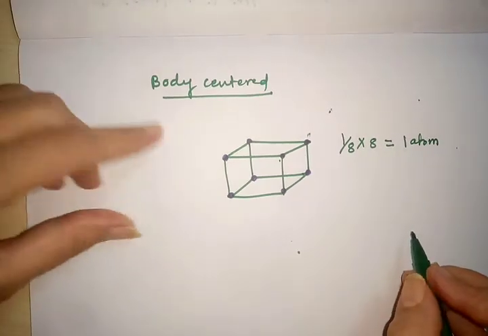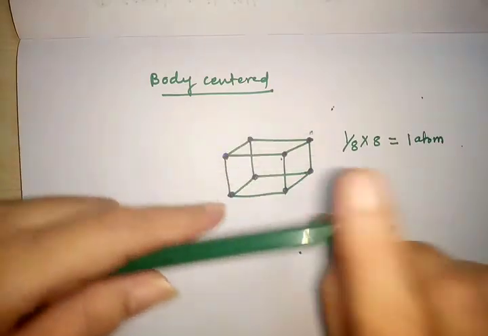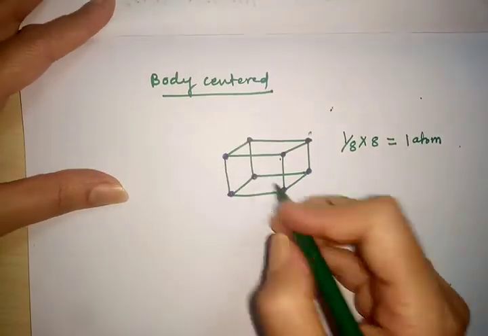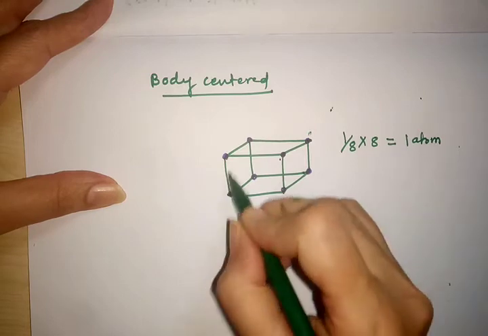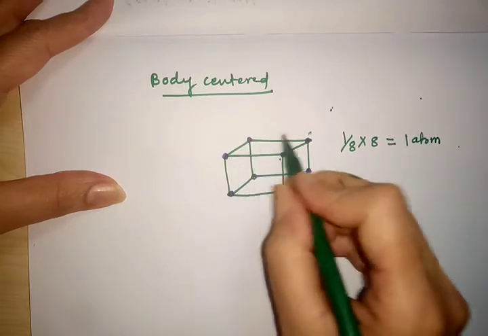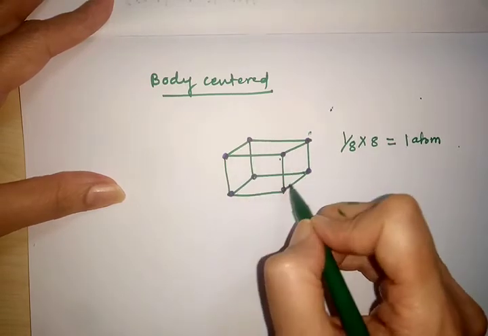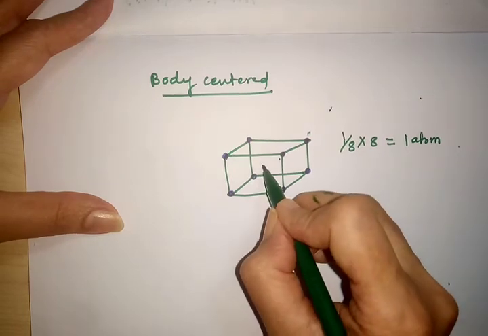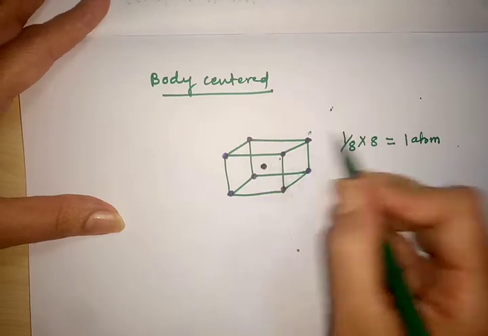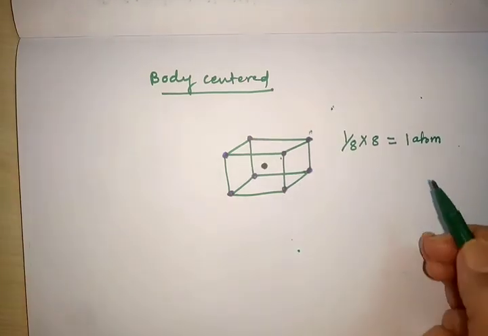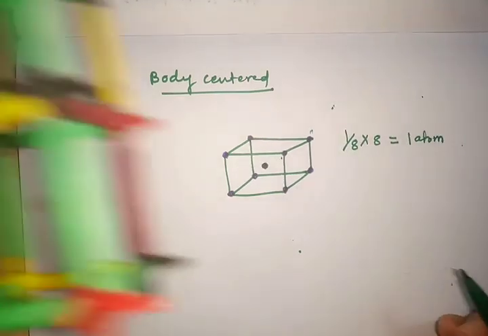And here you can draw one more particle which is at the center of the body. If you assume this as a total unit cell, this is the particle which will be situated inside the body. It won't be shared by any other unit cell here. So you can look here also.